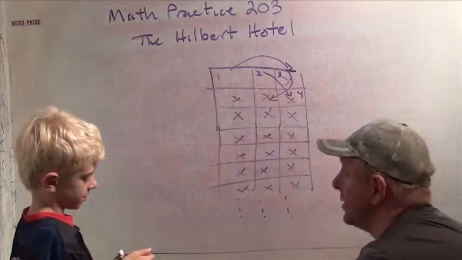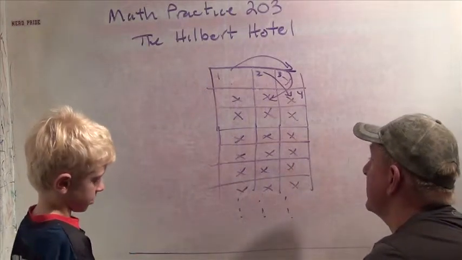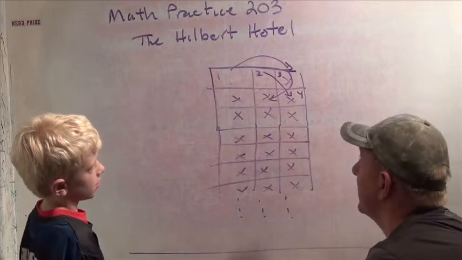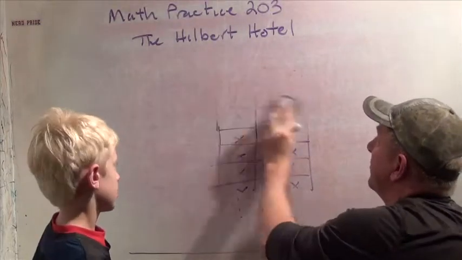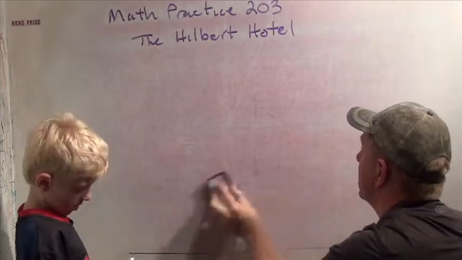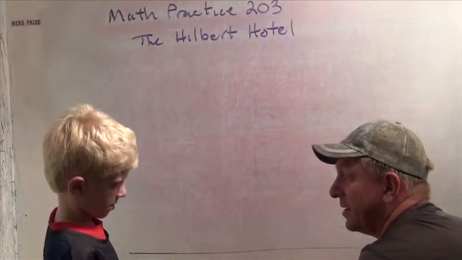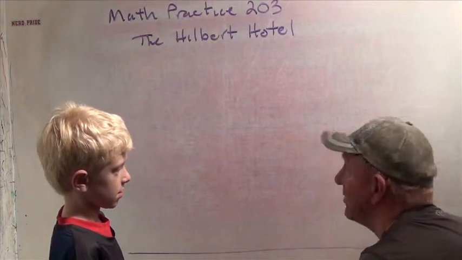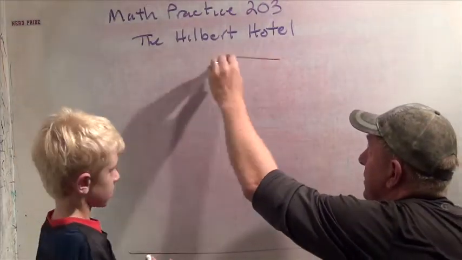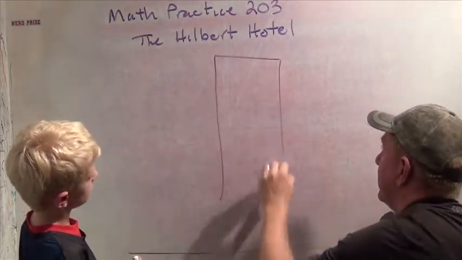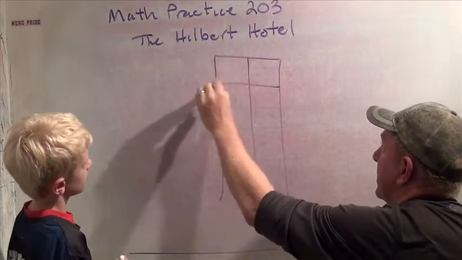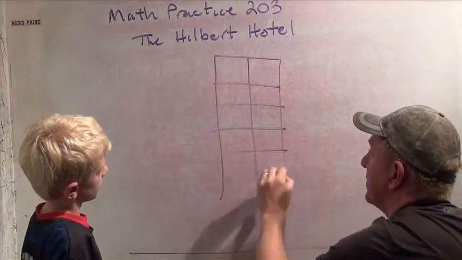Cool. But you want to see something else really neat? Okay. Now, let me draw a different version of the Hilbert Hotel. What if you showed up with a bus that had infinitely many people? Okay, so let me draw it this way this time, just to make the example a little easier to see.